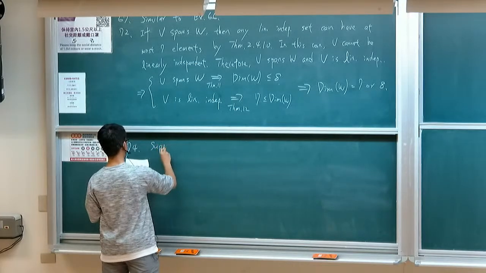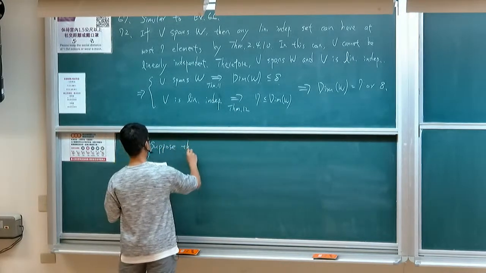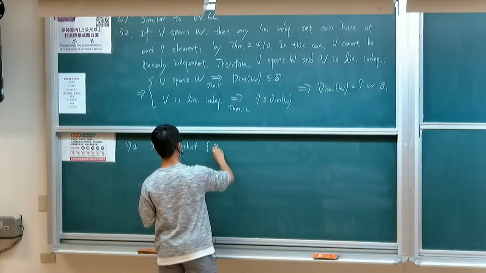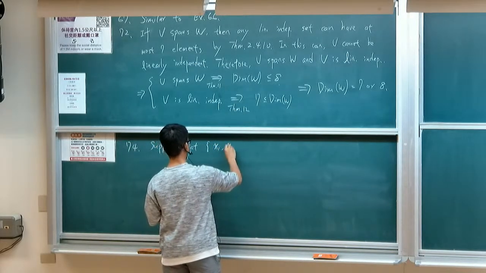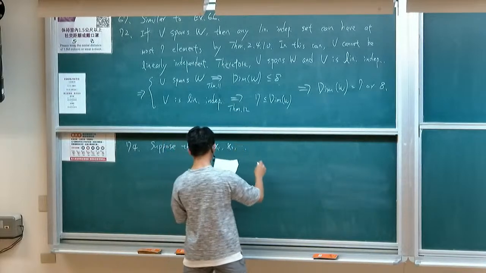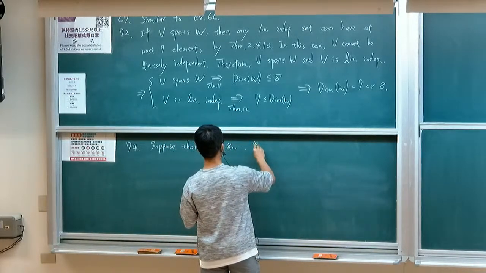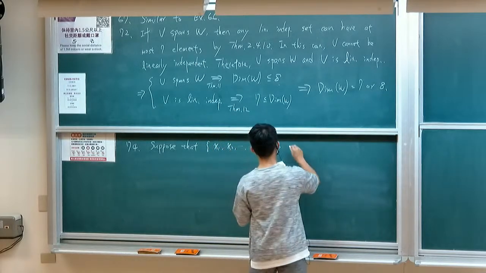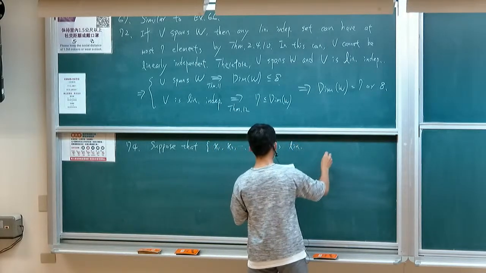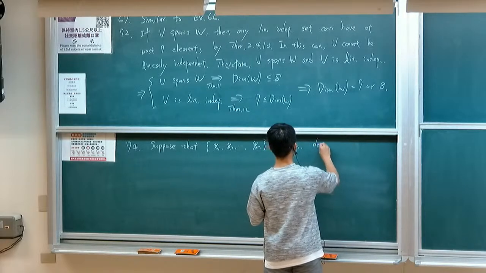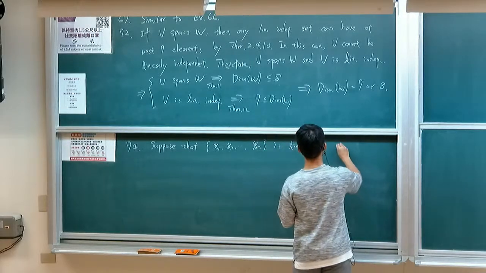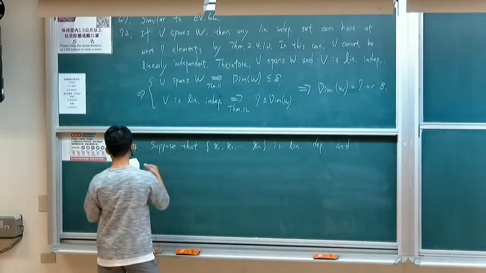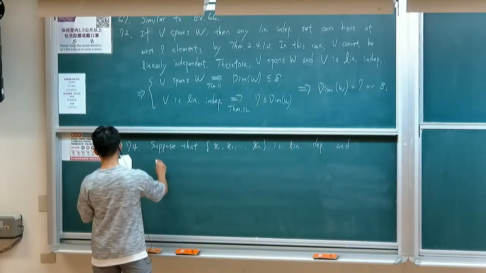Okay, first we suppose that x1, x2, and so on to xn is linearly dependent, and we have a non-trivial relation.